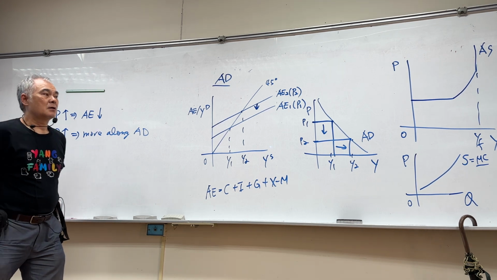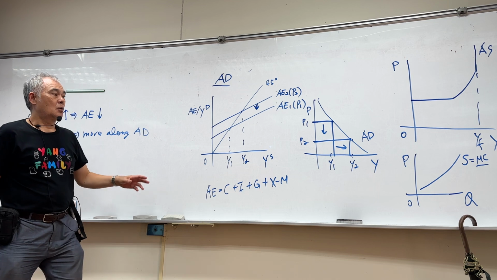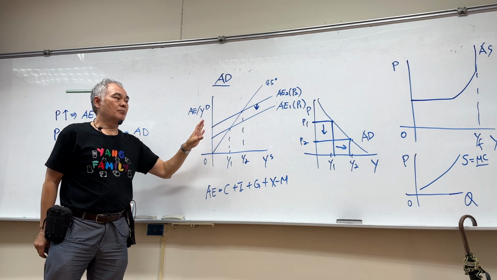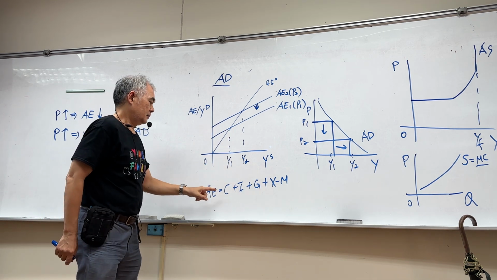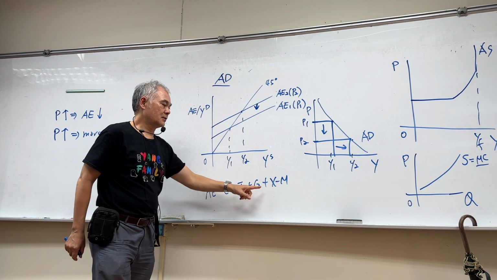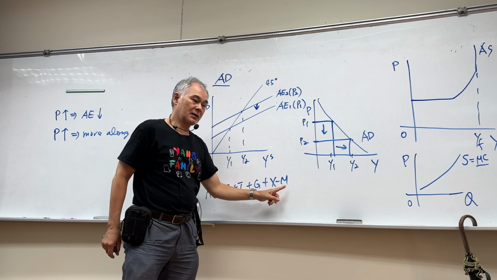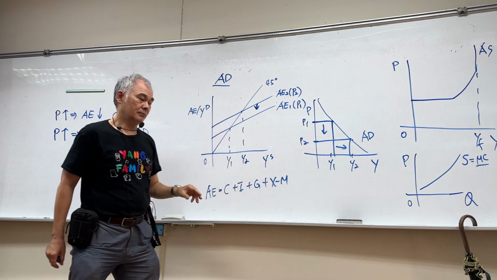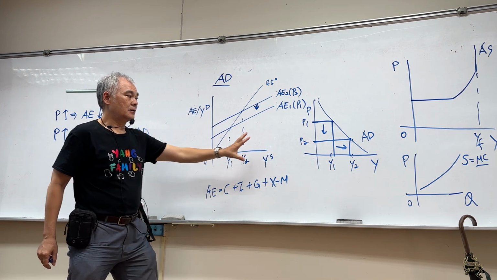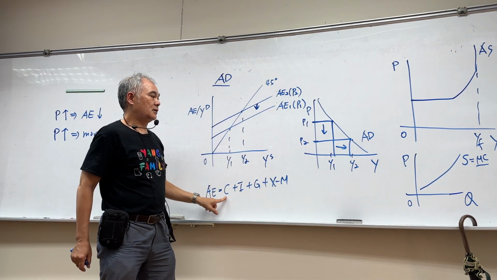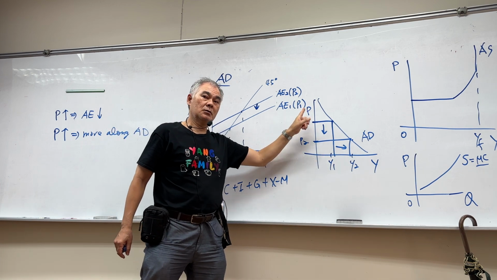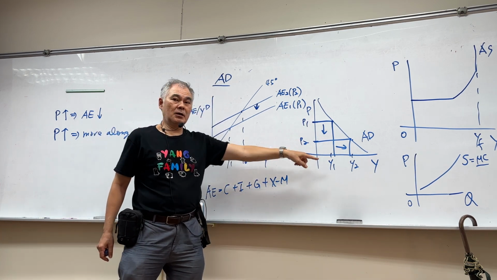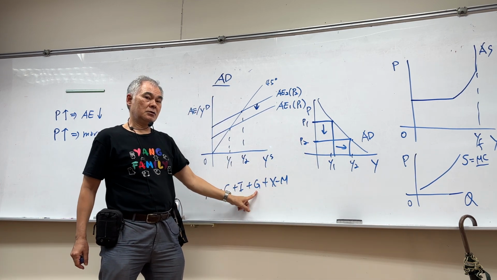Okay, so basically, whatever can move C plus I plus G plus X minus M will shift the aggregate demand curve. Again, you look at this, right? Is C in this model? No. Is I in this model? No. G?